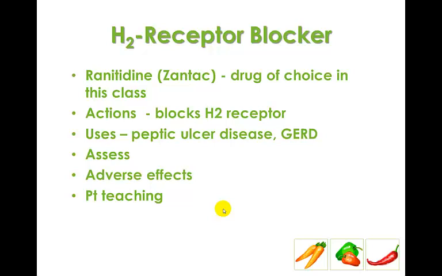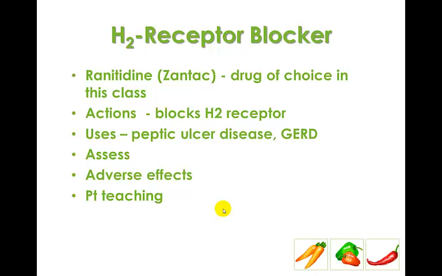H2 receptor blockers: ranitidine or Zantac. Of course, you can get this over the counter now. Typically used for PUD, peptic ulcer disease, more than GERD. Ranitidine is the drug of choice for H2 receptor blockers.